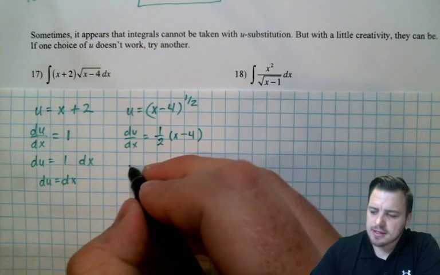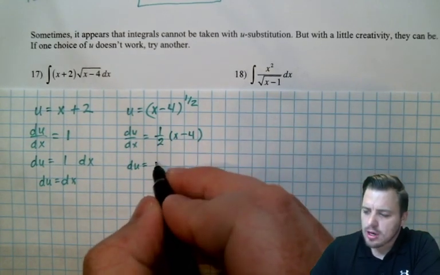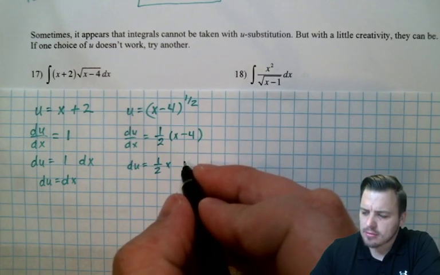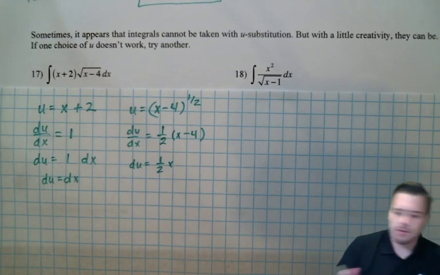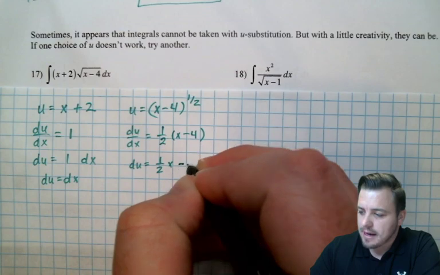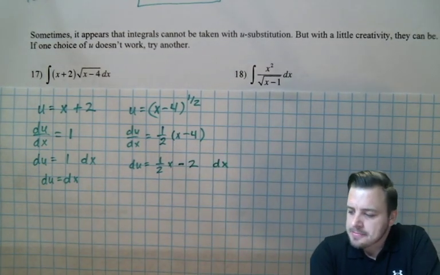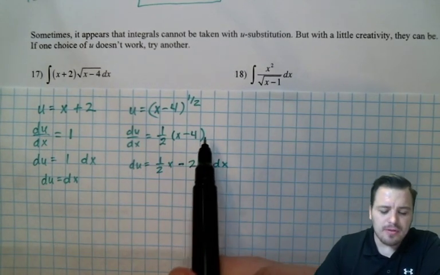And as we would see there, du would be then equal to 1/2 times 4 is, oh no, it's 2. Man, I don't know what I was thinking. I was thinking dividing. So minus 2 and then dx.